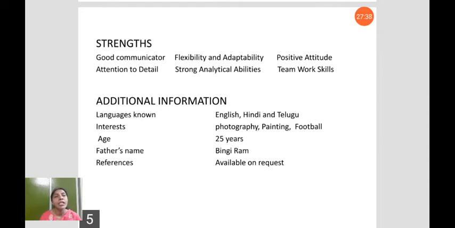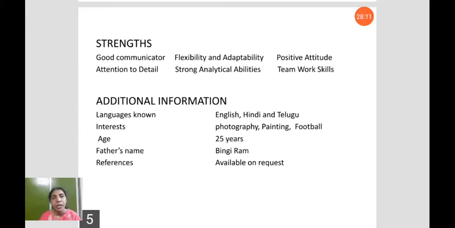Otherwise, if you write reading books, reading novels, and you don't read novels, and with that same resume you attend an interview, then if the person asks which novel you have read recently, tell me the novel's name, we will be in trouble. So that's why try to be loyal while writing the interests.